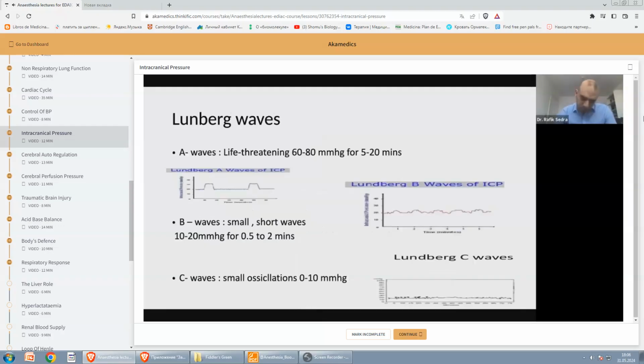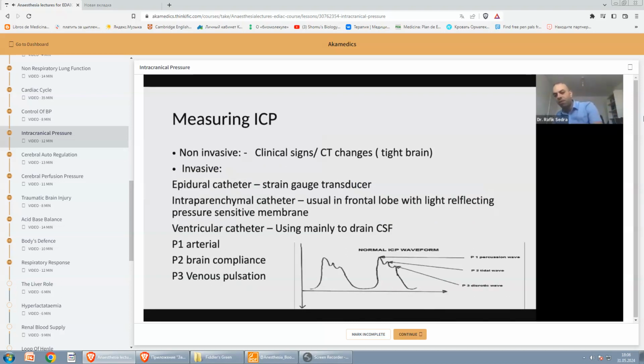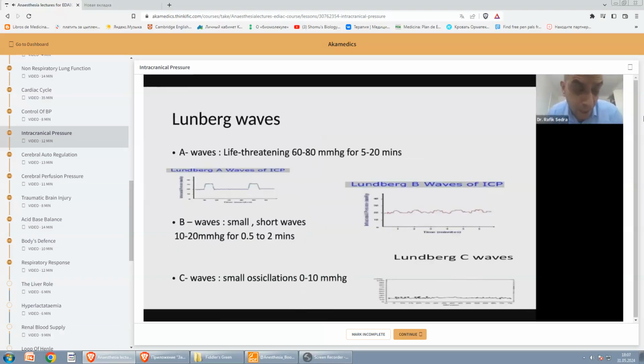Right. Moving now to the abnormal waves. Previously, this was the normal wave which you'll see if nothing is wrong. If there is a problem, for example this patient has a bleed in his brain, you see three types of abnormal waves.